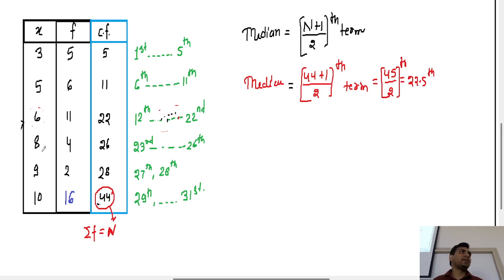Now how will you identify it? For this we have one methodology. So we will write this 22.5th as: look, the 22nd is complete and half of the 23rd is coming. In a way, to complete the 23rd we need half more, so half part of the 23rd is coming.